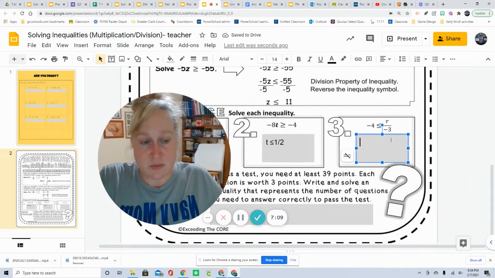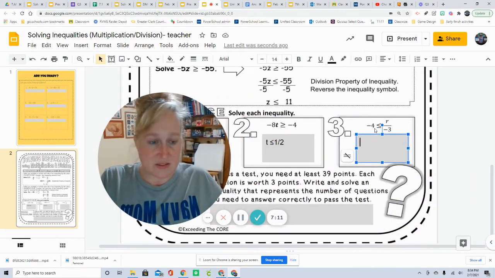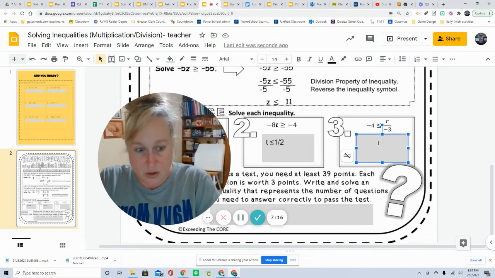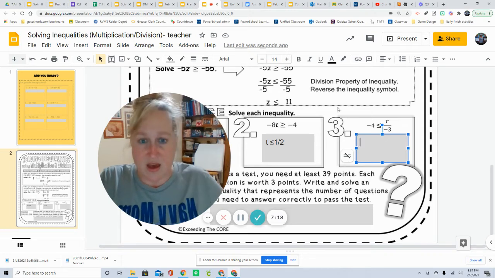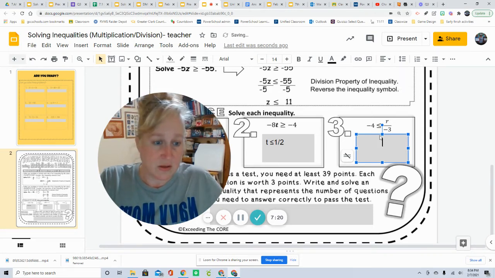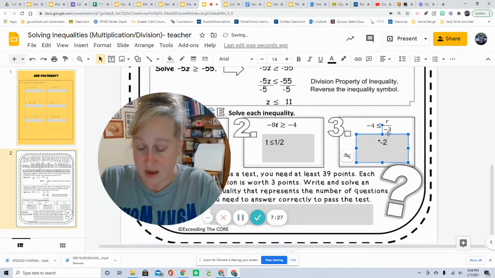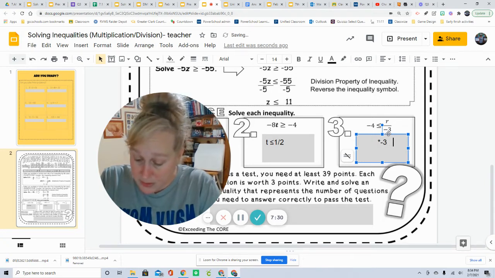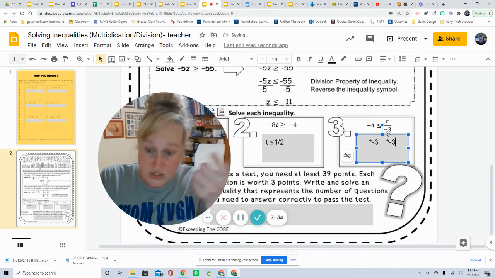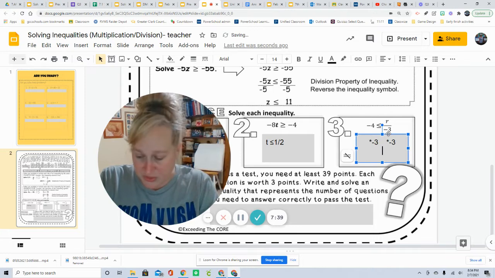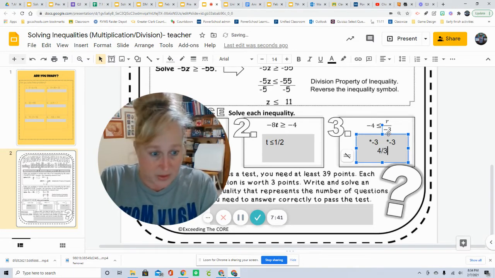Let's go to this last problem, and I'm just going to go ahead and type it out since it's there. See how this is, that means division. So on both sides of the equation, I'm going to multiply by -3. Since I'm multiplying by a negative number, that means I have to switch, reverse that sign. So I get 4/3, because they're negative, so 4 divided by 3.